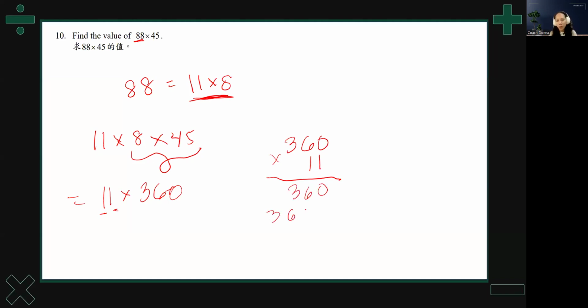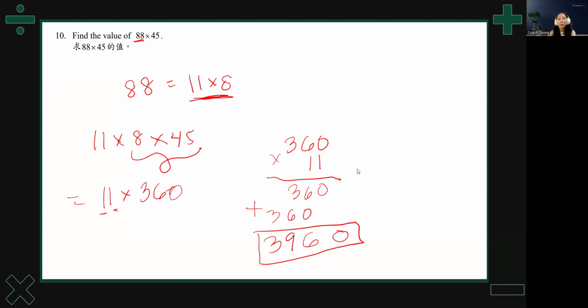Copy 360 for the second one, right? Bring down the 0, bring down the 6. 3 plus 6 is 9. This is 3,960. And that is our answer. Great. Correct answers in the chat box. Good. That's it for number 10.